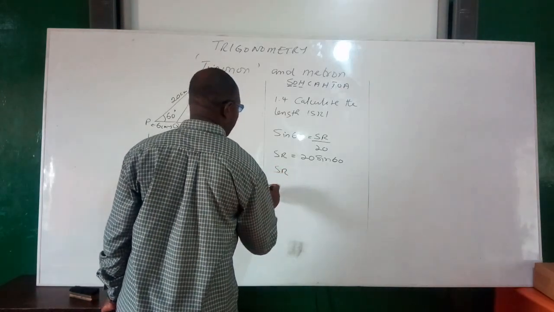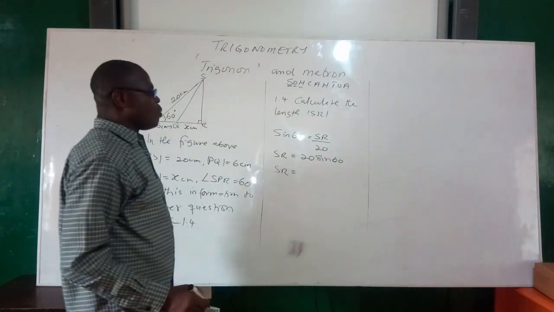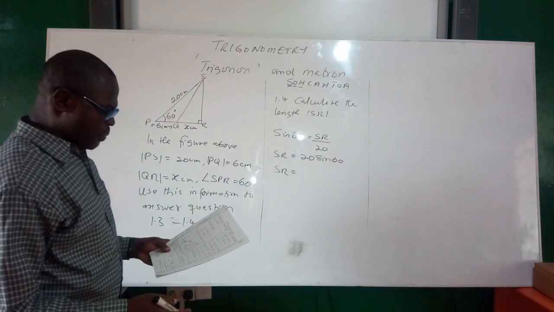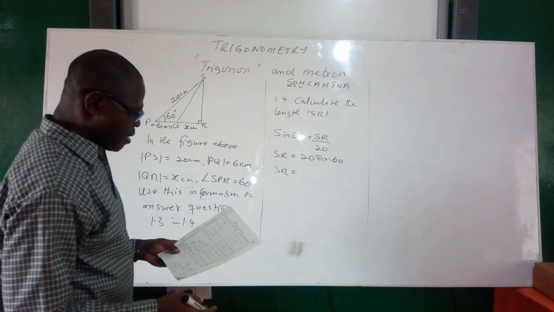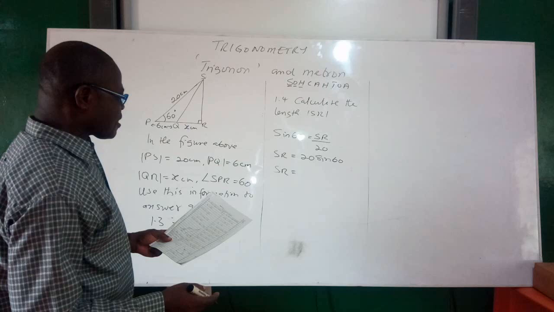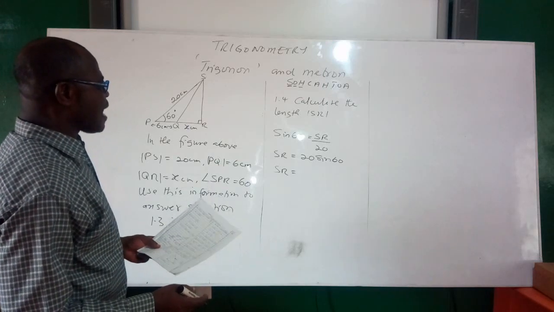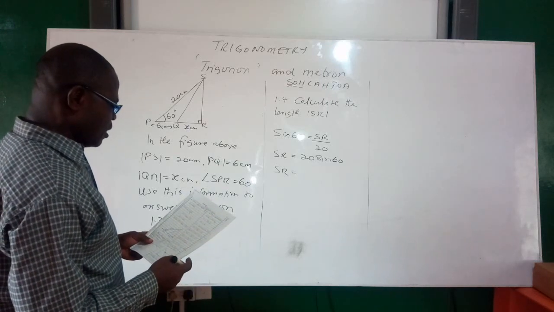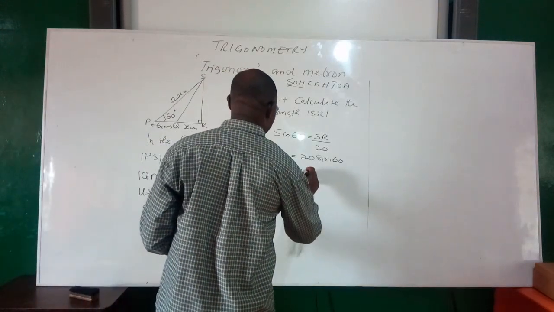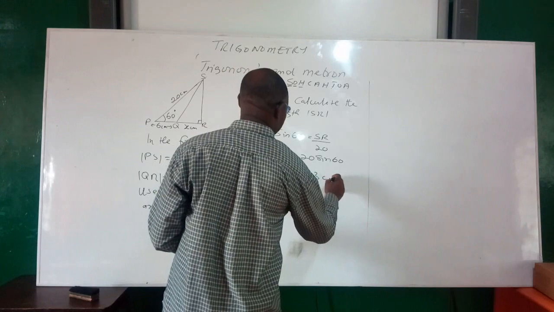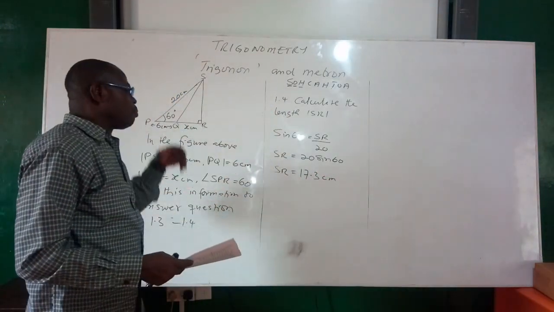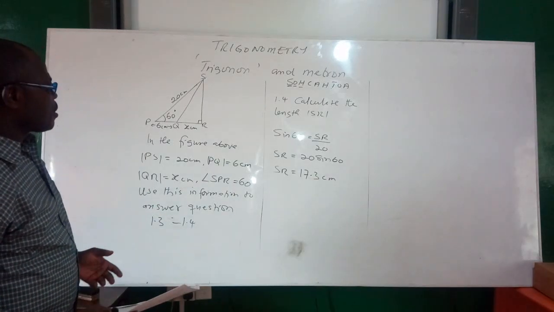So 20 sine 60 will give us 17.3 centimeters.